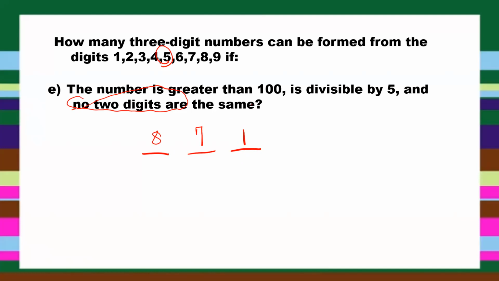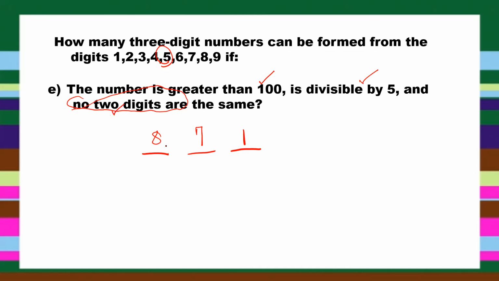So the number is greater than 100. Of course, if you use 1 here and use other numbers, that is also greater than 100. So check on greater than 100. It's divisible by 5, of course, since our last digit is 5. Check. And no two digits are the same.